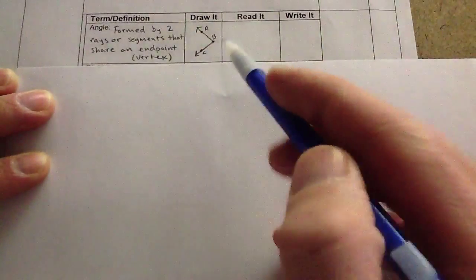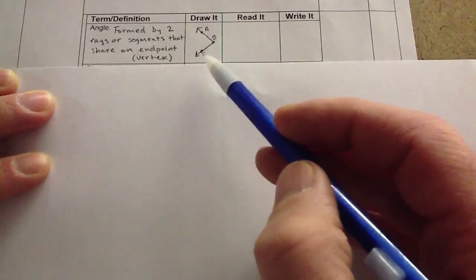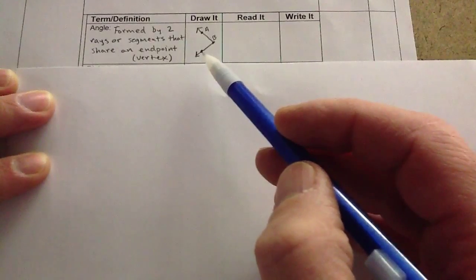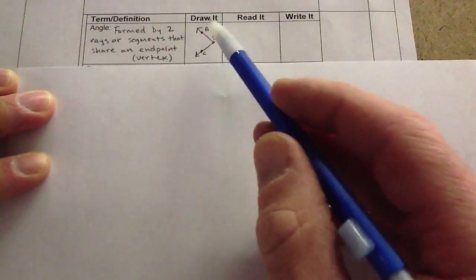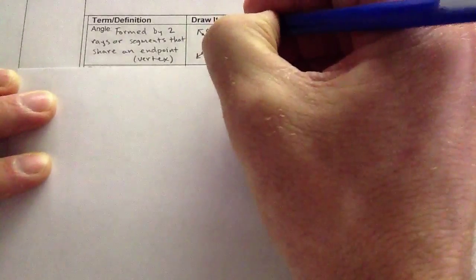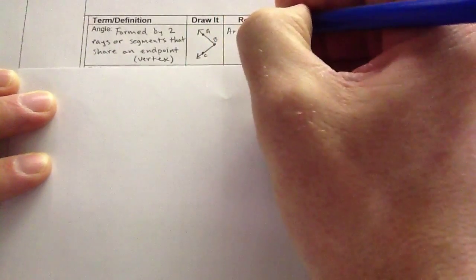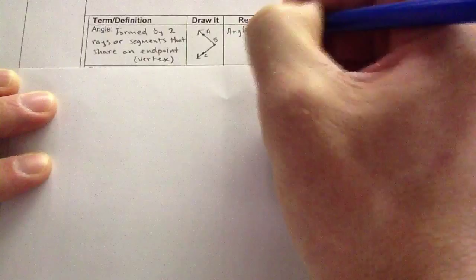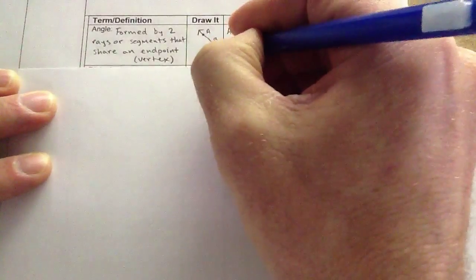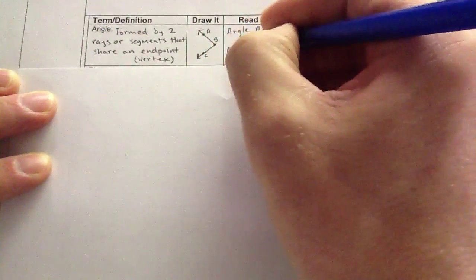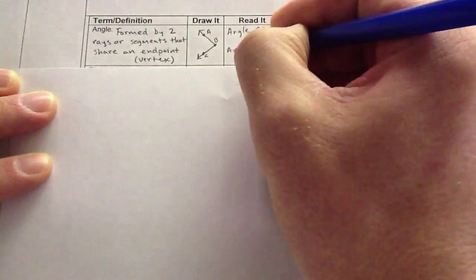Now, how we read this is angle ABC, or we can read it as angle CBA.